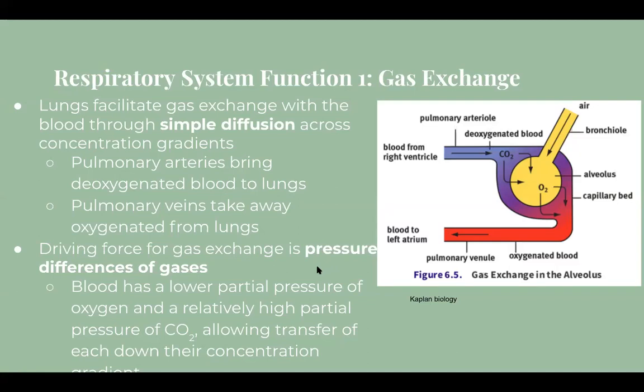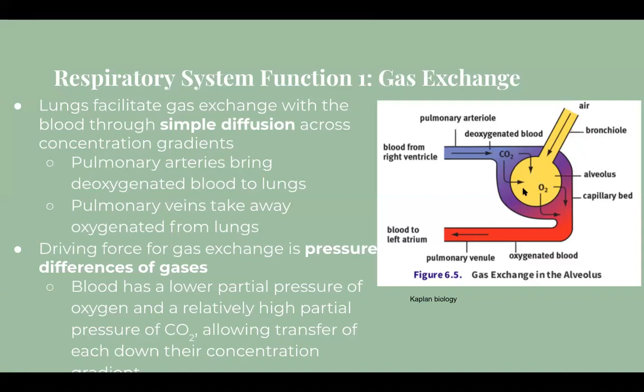Taking a look at the diagram on the right, your pulmonary arteries bring in deoxygenated blood, and your alveoli contain a higher concentration of oxygen and a lower concentration of CO2 than your deoxygenated blood.